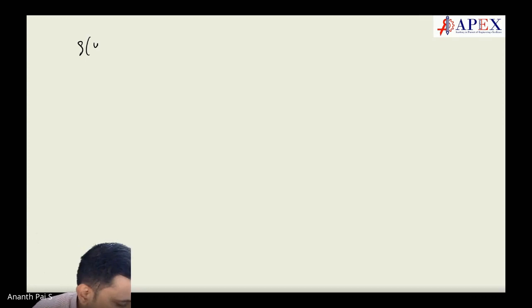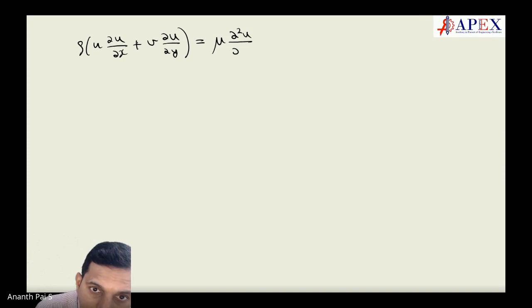U into dou u by dou x plus v into dou u by dou y is equal to, I can say, mu into dou square u by dou y square plus rho infinity minus rho into g.